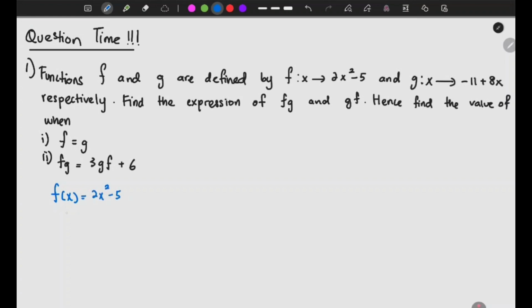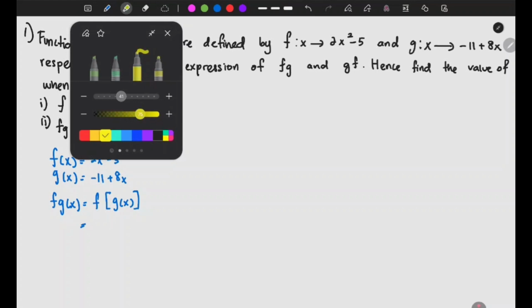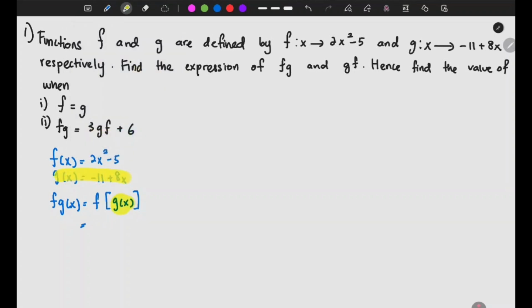How do you find it? First thing first, expand. fg(x), I put it in a bracket, and what is inside my bracket? g(x). Substitute inside, just replace this. Whatever is inside the bracket, assume it's like your x.